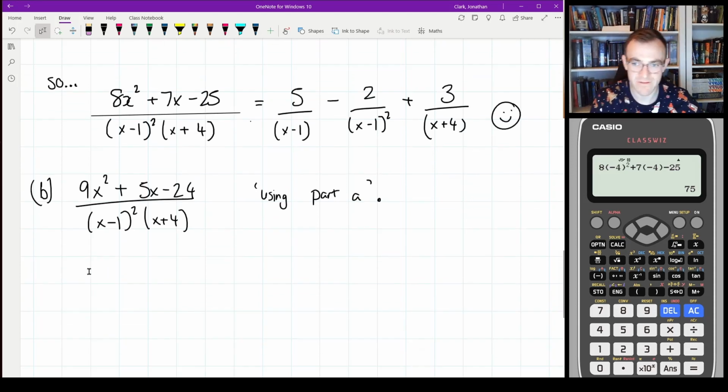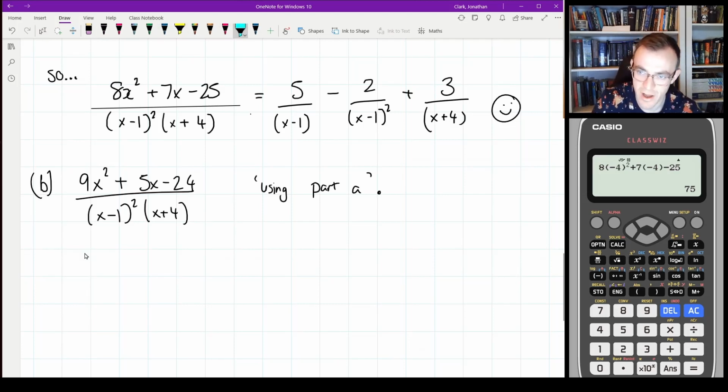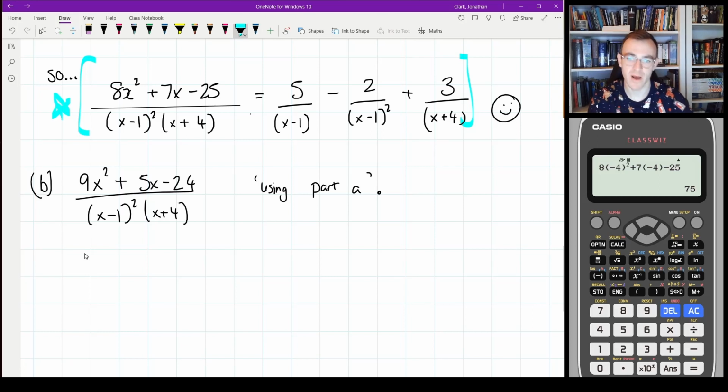Okay, so I've put the result for part A up here. This is what we worked out in part A, and we've got to somehow use this to solve this set of partial fractions.